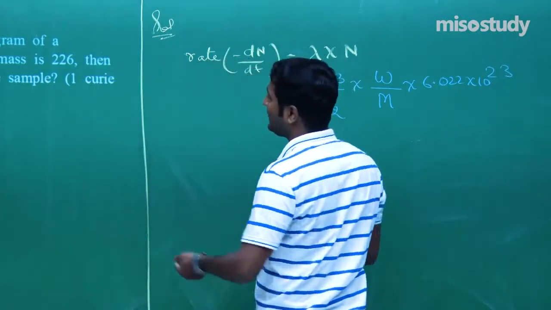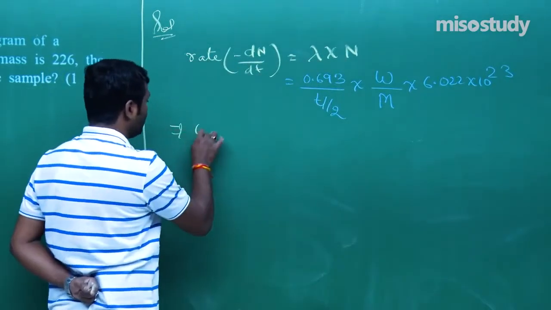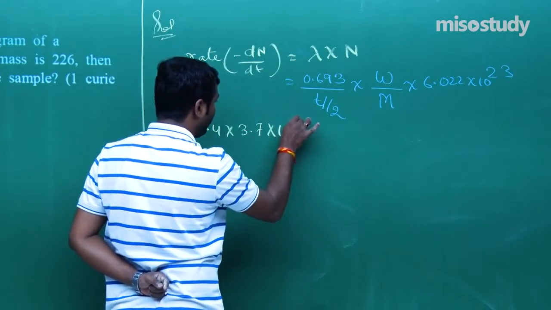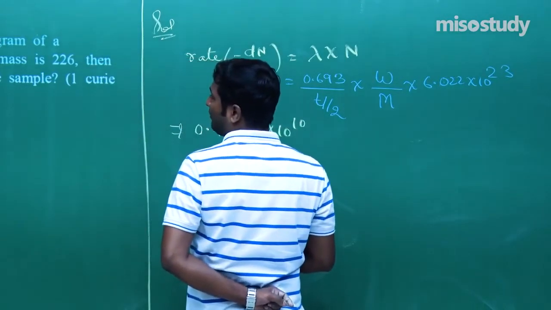The rate given here is 0.4 curie, that is 0.4 into 3.7 into 10 to the power 10 disintegrations per second.